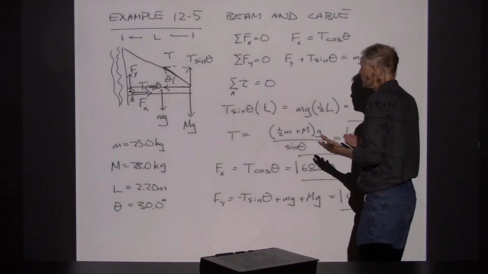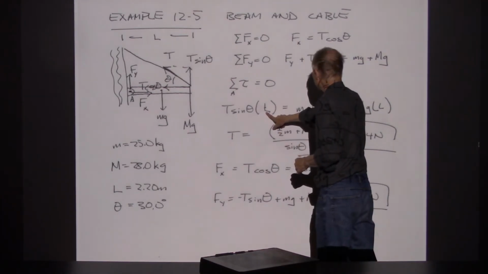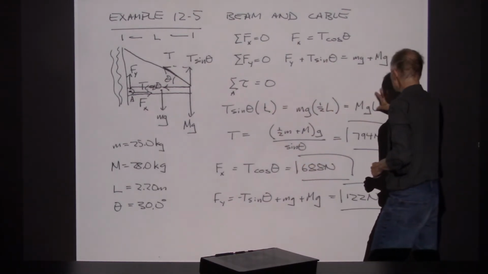Now what happened in this case, and what happens often, is that one of these distances just factors out. The L goes away, the L goes away, the L goes away.